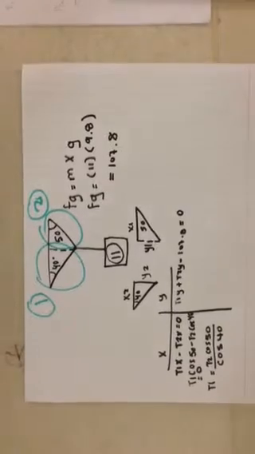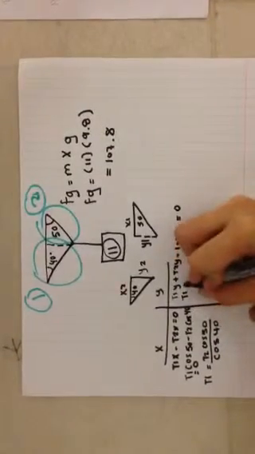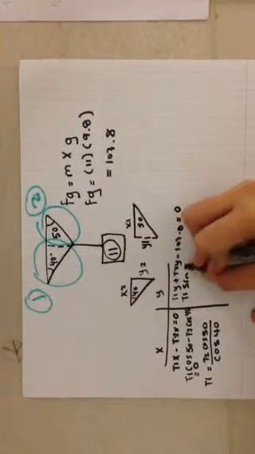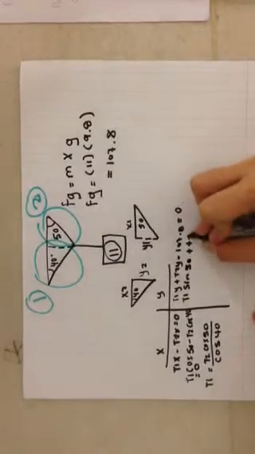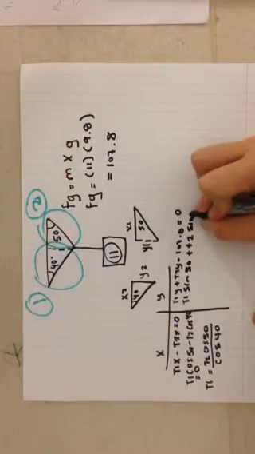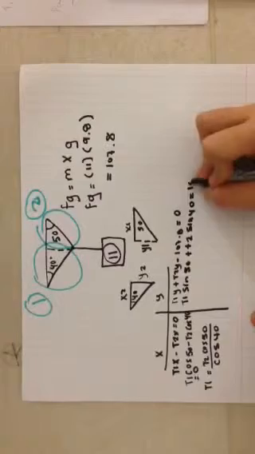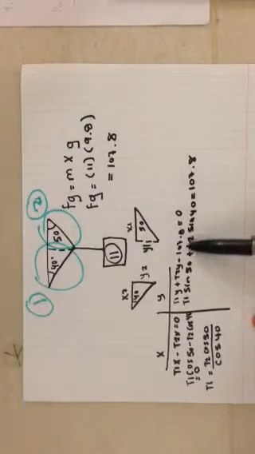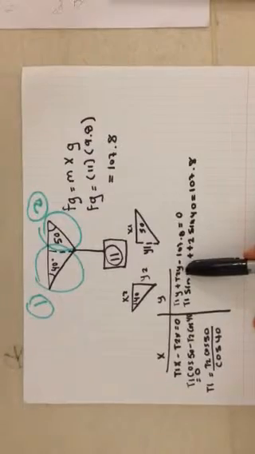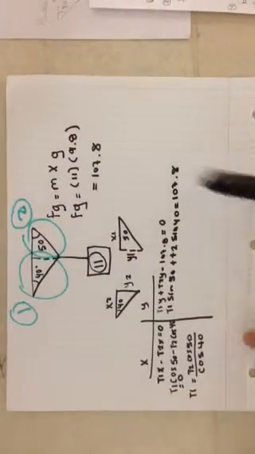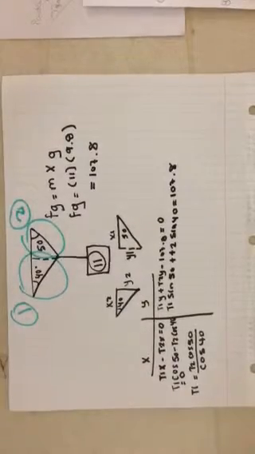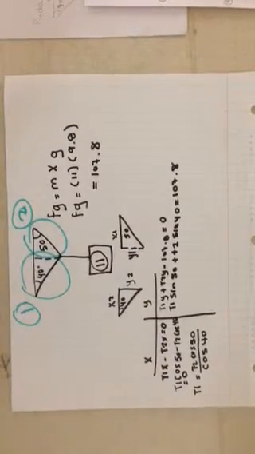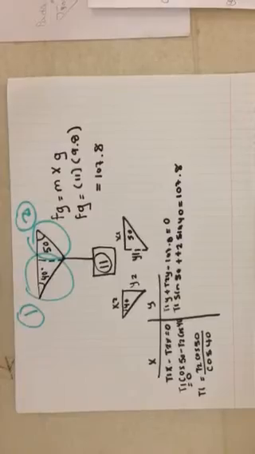So T1 sin 50 plus T2 sin 40 is equal to 107.8. As you can see, I passed the negative 107.8 to the other side positive. We're going to use sin because the y direction is opposite to the angle on both triangles, as we can see here.